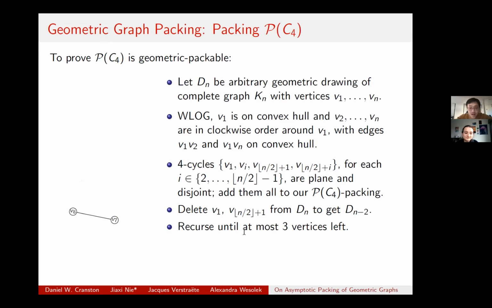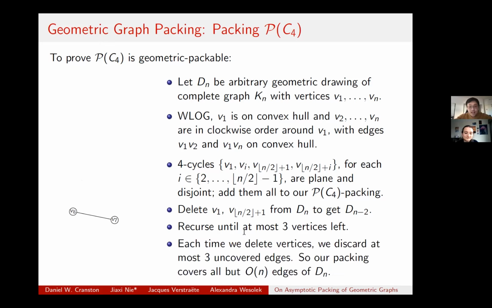In the end, we have at most 3 vertices left. Each time we delete vertices, we discard at most 3 uncovered edges. So our packing here will cover all but big O of n edges of Dn. This completes the proof that P of C4 is geometric packable.